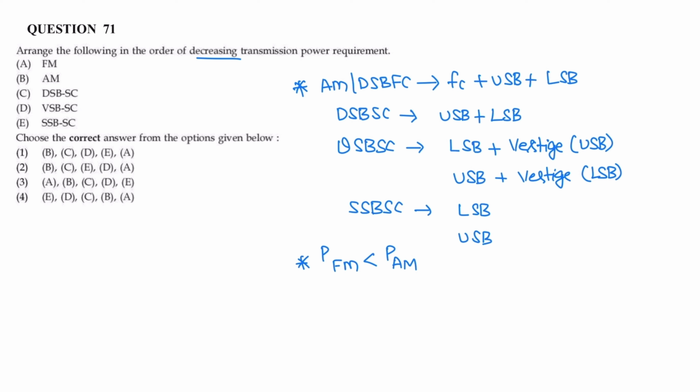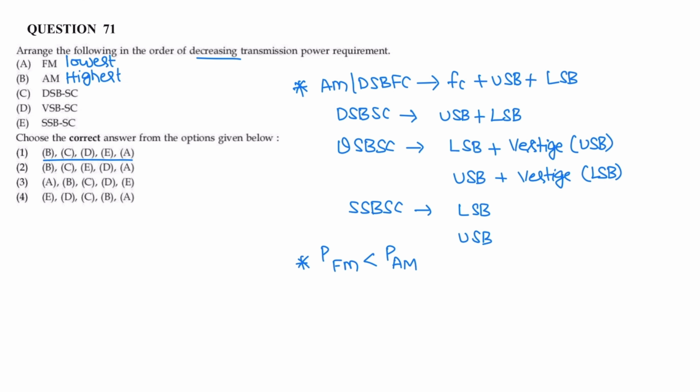So first is AM, highest power. Lowest power is for FM, highest power is for AM, followed by DSB-SC, double sideband suppressed carrier, then vestigial sideband, followed by single sideband, and then frequency modulation.